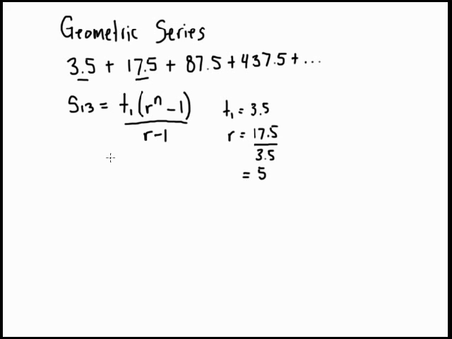So we can plunk some numbers in here. Term 1 is 3.5, r is 5, so 3.5 times 5 to the power of 13 minus 1, over r, which is 5, minus 1. Now, you're probably thinking that is going to be a very big number, and you're right.